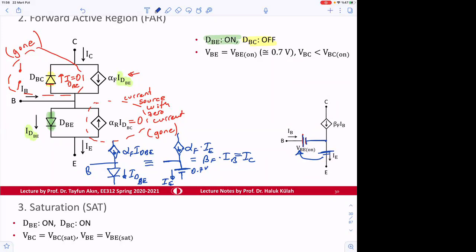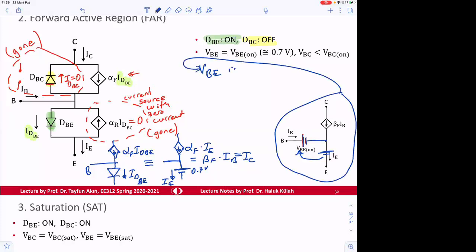Either here or here, VB is the same, because VBE in this model is going to be VBE on, which is 0.7 volts.